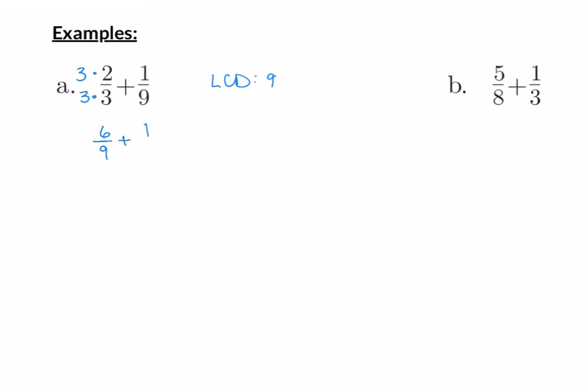My second fraction, we can go ahead and leave that the same. And now that my denominators are the same, we can go ahead and add the tops. 6 plus 1 is 7. Keep the bottom. Does this simplify? And the answer is no. So we are done.